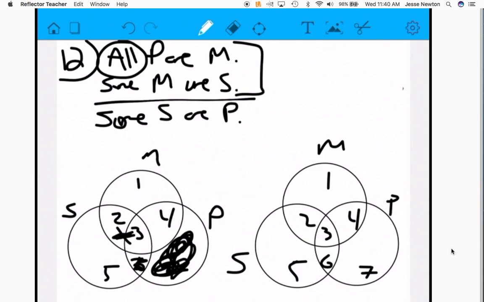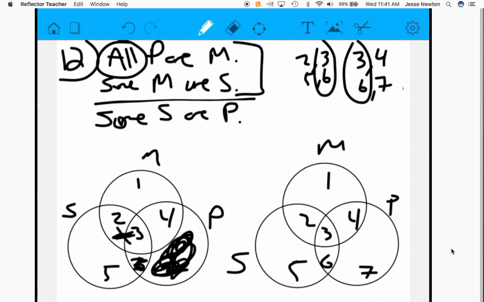Some S, which is 2, 3, 5, and 6, are P. And P is 3, 4, 6, and 7. We circle the regions of overlap. 3 and 6, saying R. So at R in 3 and at R in 6.